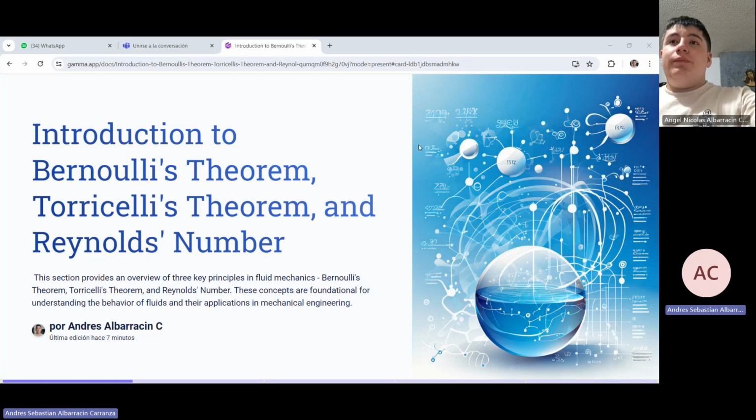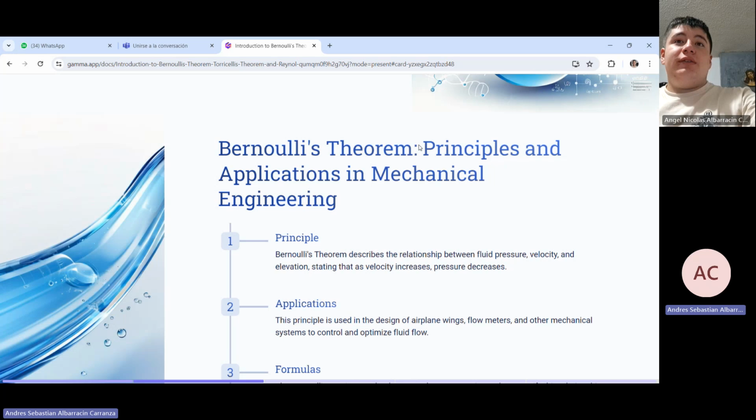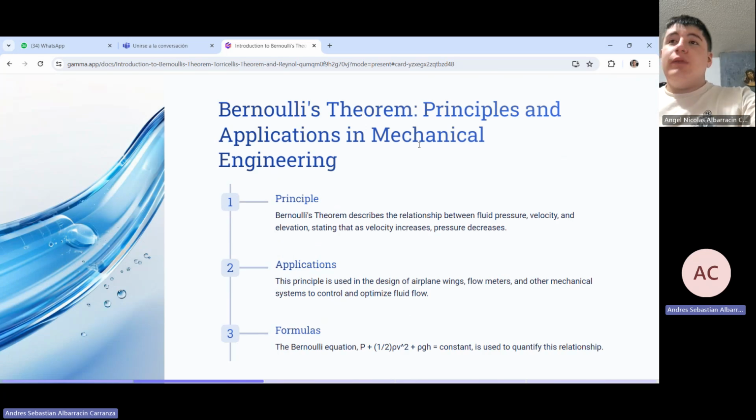So, what we have here is the following. We have Bernoulli's theorem: principles and applications of Bernoulli's theorem in mechanical engineering. The principle of Bernoulli's theorem describes the relationship between fluids and pressure, velocity and elevation: as velocity increases, pressure decreases.